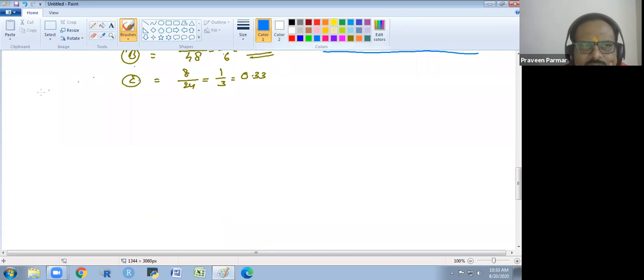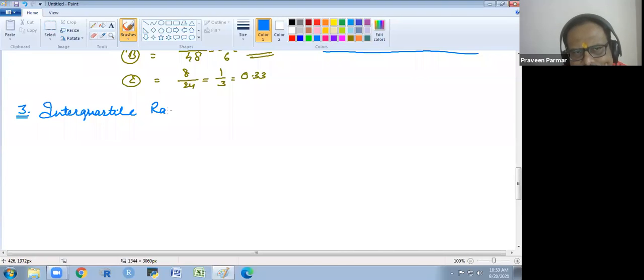Now we see the third one, which is interquartile range, also known as IQR. It is nothing, it is only Q3 minus Q1. Everybody knows about Q1 and Q3. What does it mean? Somebody who doesn't know can ask me.